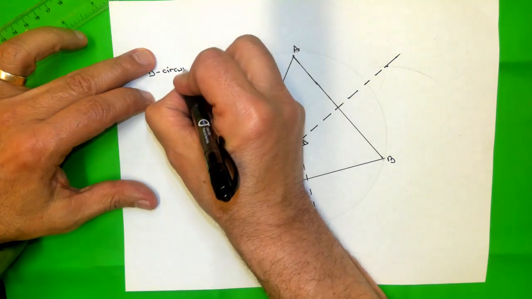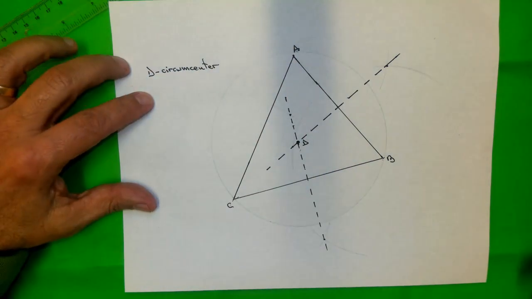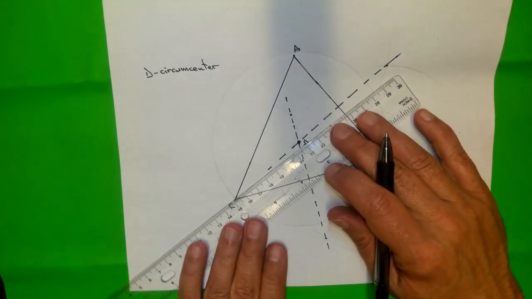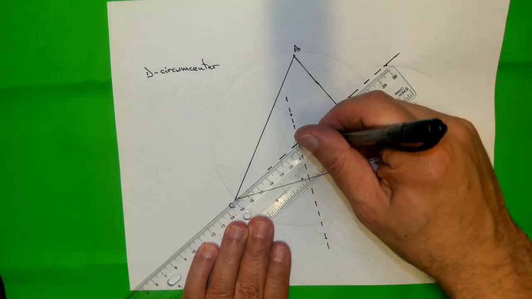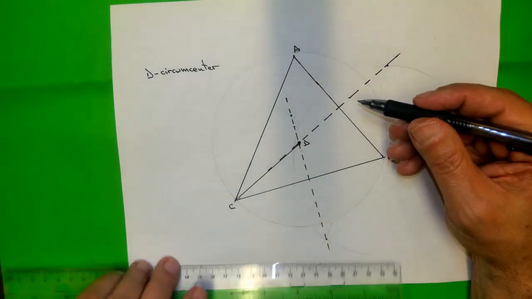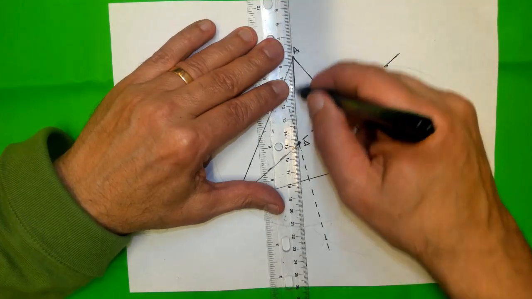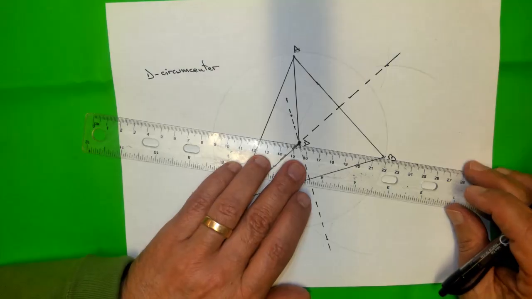D is the center of the circle that goes around the triangle. And all these segments you see here, DC, DA, and DB, are going to be congruent.